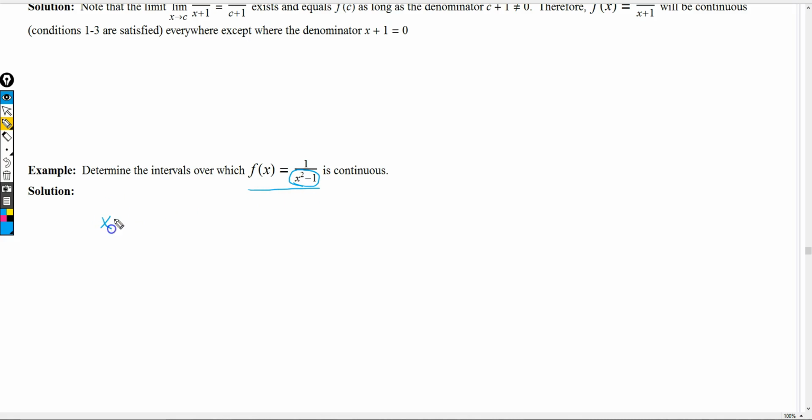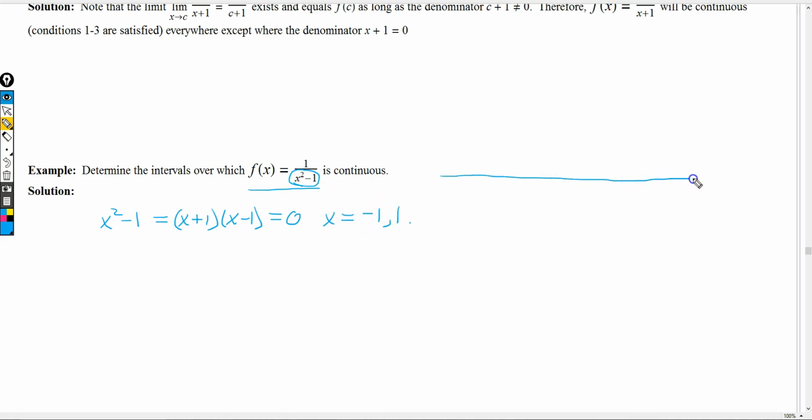So if we set x squared minus 1 equal to 0, now before we do that, note that this factors as x plus 1 times x minus 1. And of course, if we set that equal to 0, we get x equals -1 and 1. So our function will be continuous everywhere except at these points.